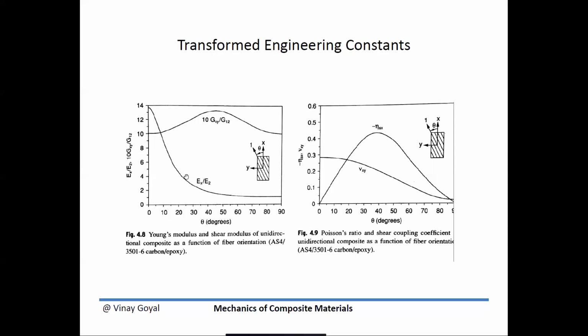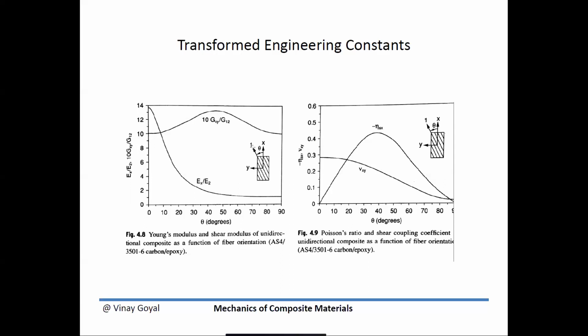You can also see the effects of ply angles on the transformed system for GXY and G12. And you can see here, it changes quite a bit. You can see the effects of the Poisson ratio by transforming these angles. And I want you to notice what is going on here.